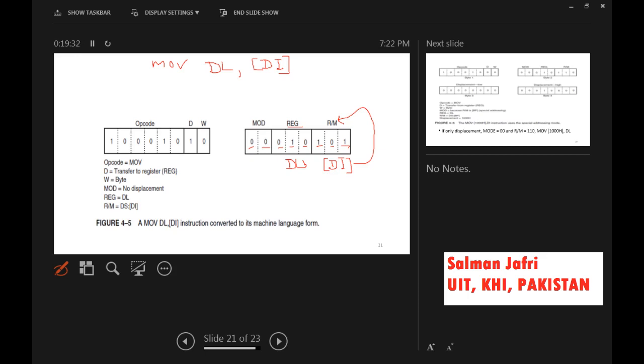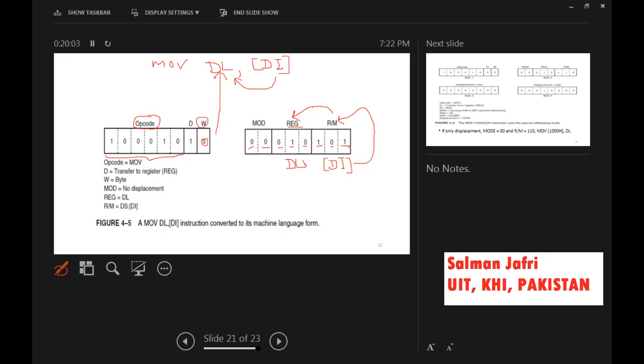Now let's come back to the opcode byte, and in the opcode byte this would be the opcode for move. W would be 0, of course, because we are having an 8-bit DL register. What about direction? Now data is again flowing from R/M to REG.